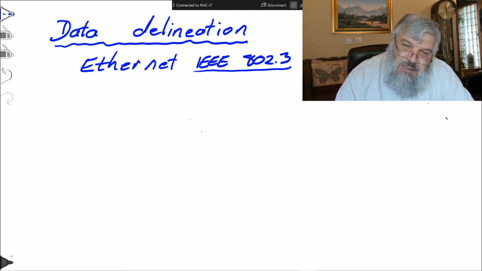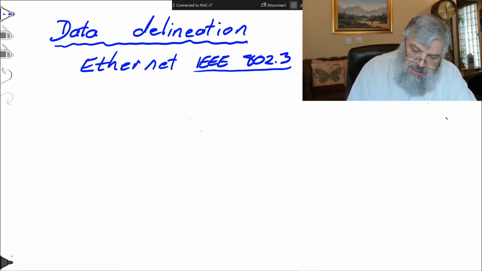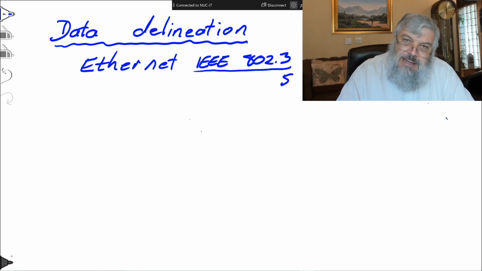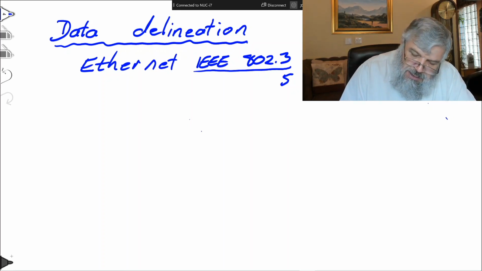They rather looked at Ethernet and they standardized it as IEEE 802.3. They also looked at a different protocol that we will encounter very soon, the token ring protocol, and they standardized that as 802.5.